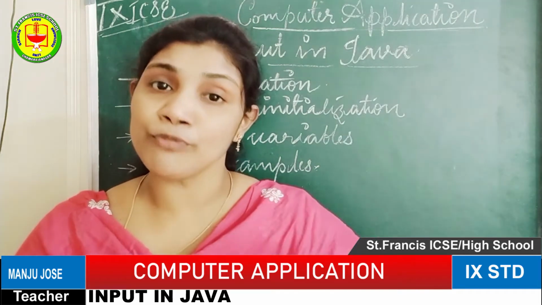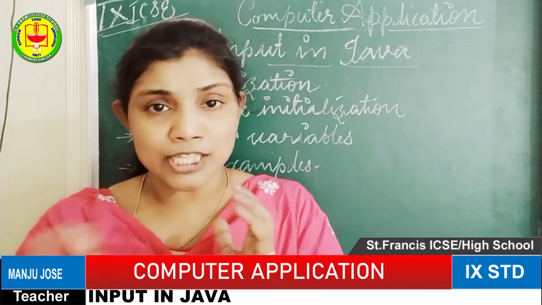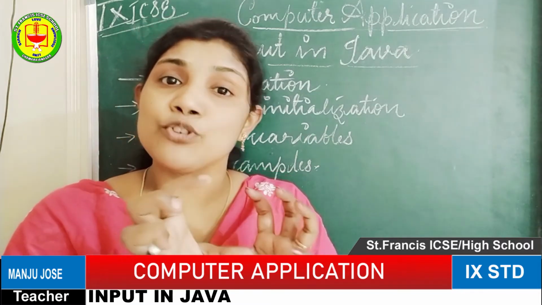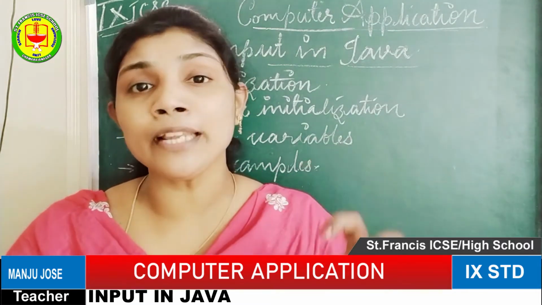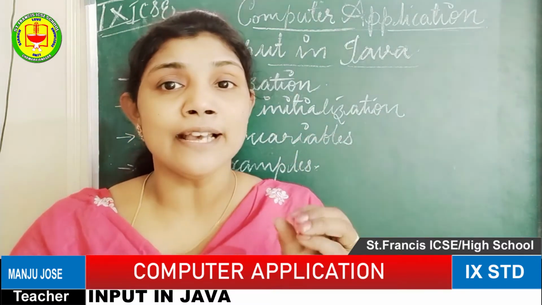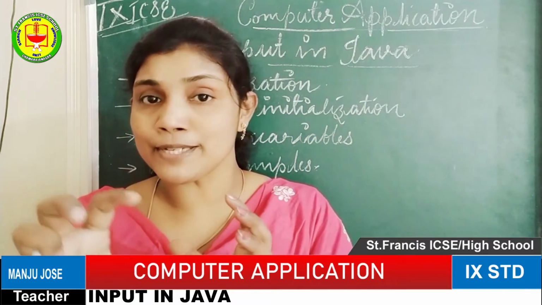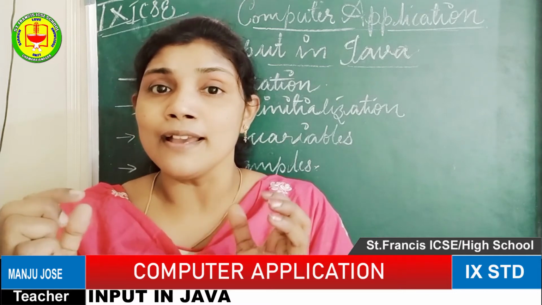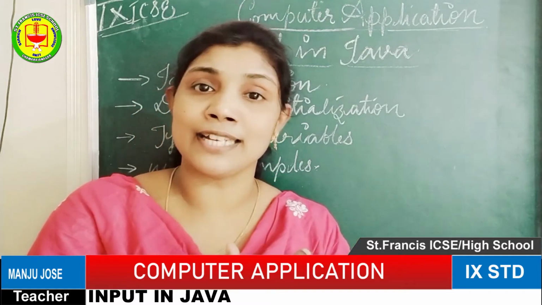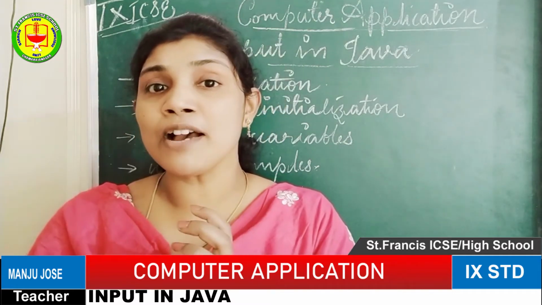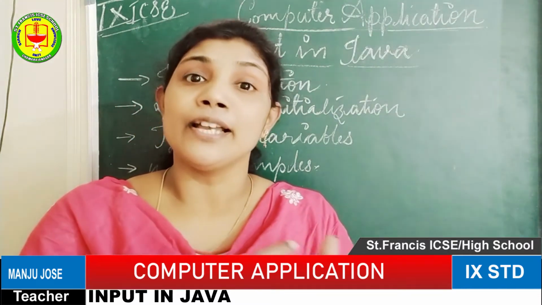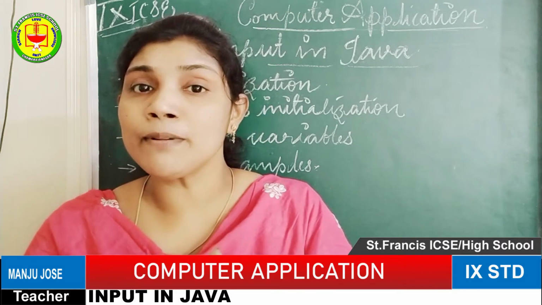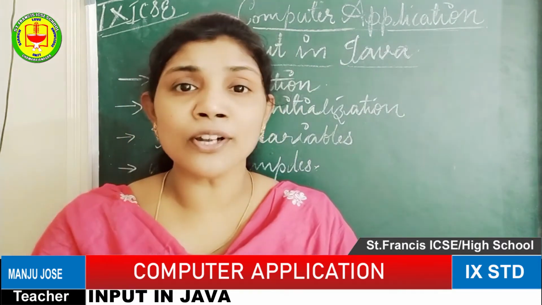Based on the value we assign, the data type should be used. For example, a normal numerical value is compatible with the integer data type. A string or text value will be compatible with the character data type. A decimal fraction number will be compatible with the float type. This is called compatibility.